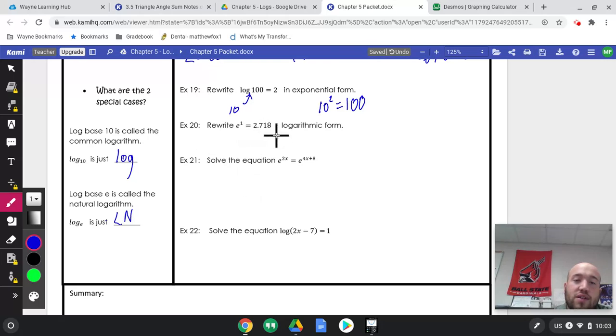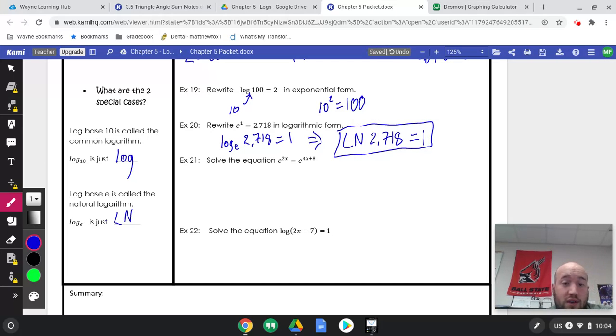If I was going to rewrite this in logarithmic form, it'd be base stays base, so log e, the other two switcheroos, so 2.718, and all that would equal 1. However, that is actually the same as just ln of 2.718, which would equal 1. So right there's our final answer.